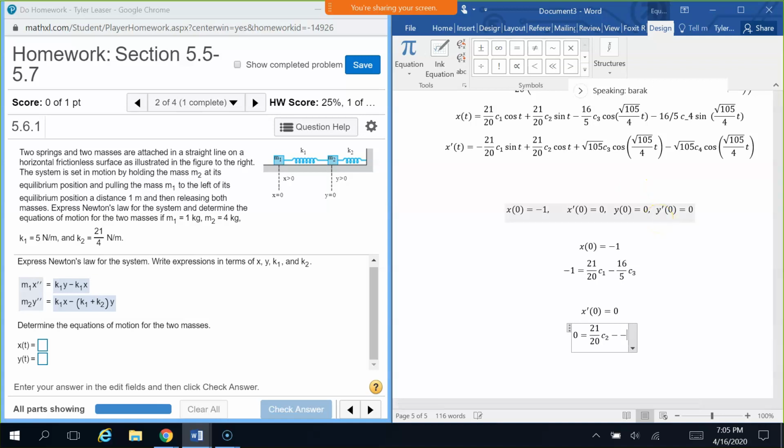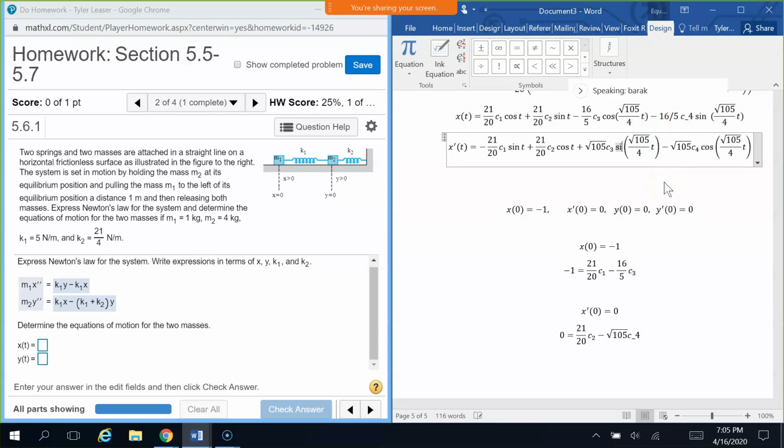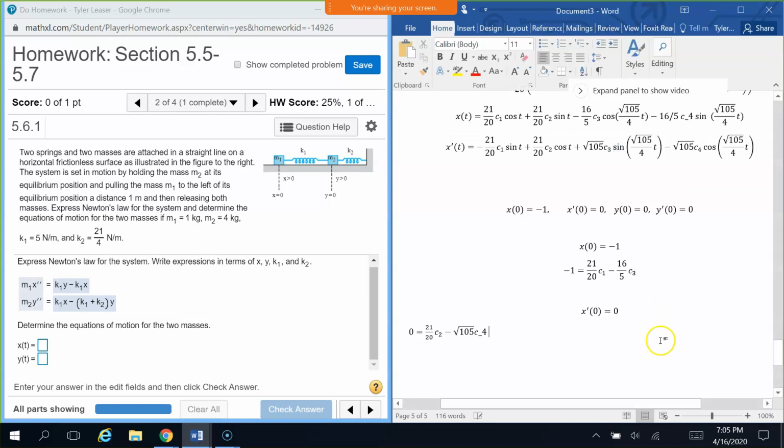Sorry, I did not do my thing right. This should have been a sign here. Okay, but this is the other equation. I get 0 on the left, 21/20 from this term, and then negative square root 105 C4 from the last term.